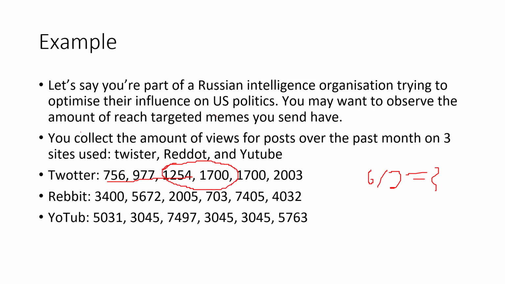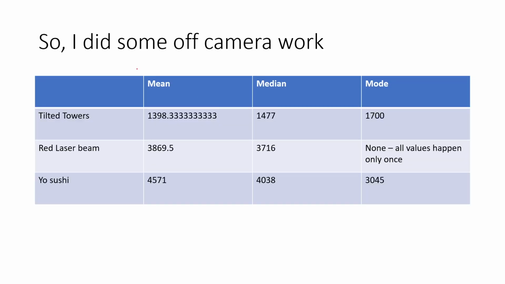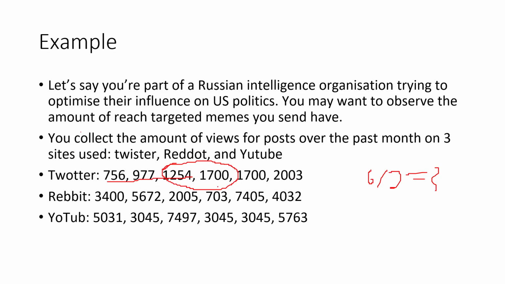Now I did some off-camera grinding, and I already did it for you. So Twitter, we had the mean being this much, the median being 1477, and the mode being 1700. For Reddit, the mean was 3800, the median was 3700, but there was no mode, because if you noticed, all of these values only happen once. None of them are repeated.